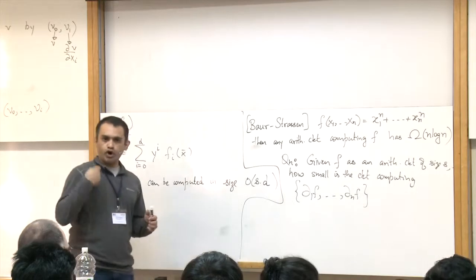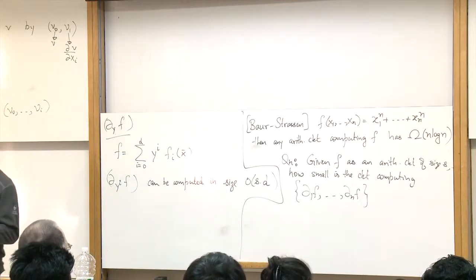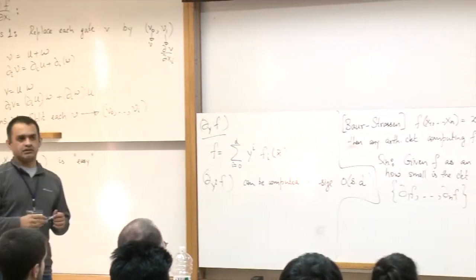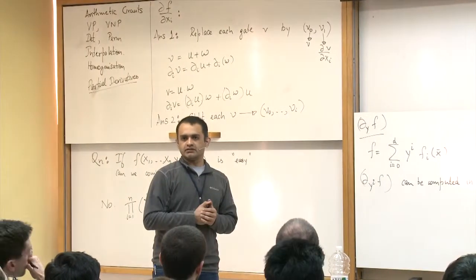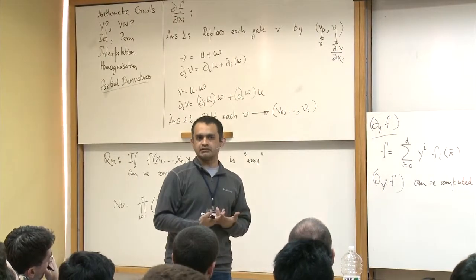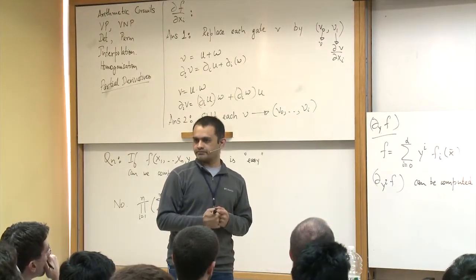Suppose I want to compute all n first order partial derivatives together. So it's going to be an arithmetic circuit which has n output gates. What is the smallest size that I need in order to be able to do that?